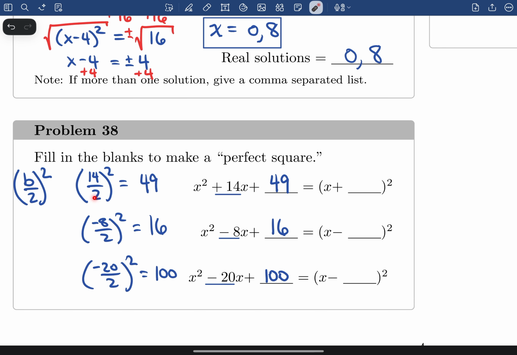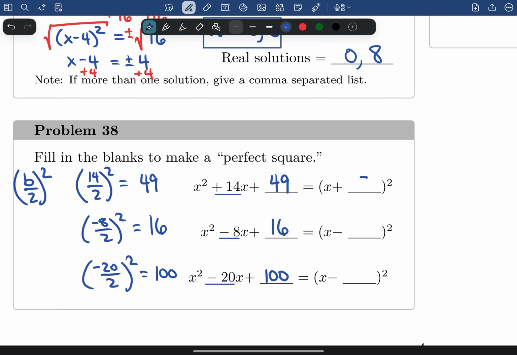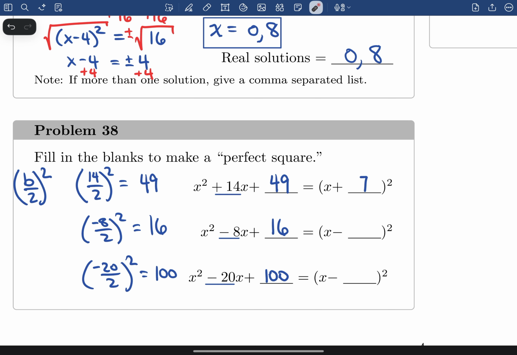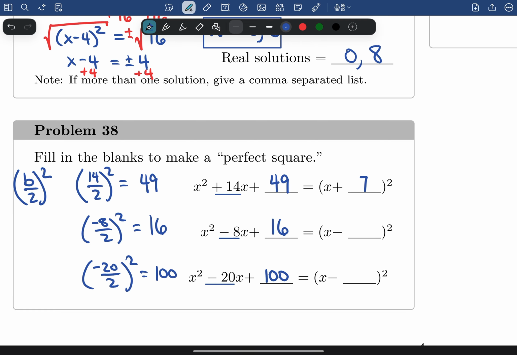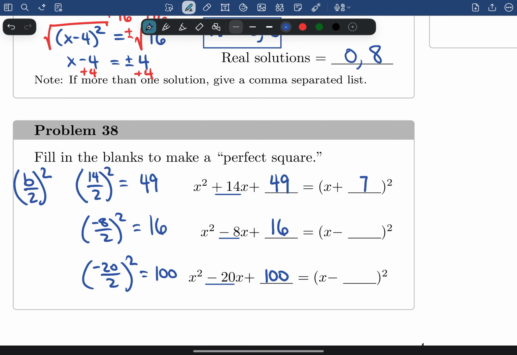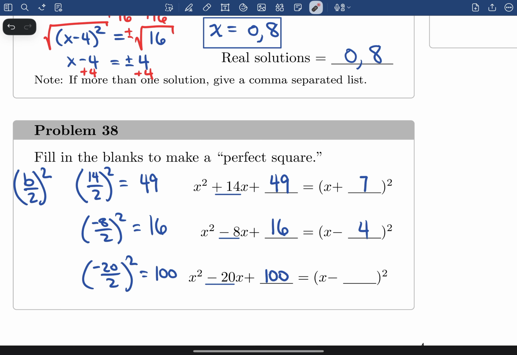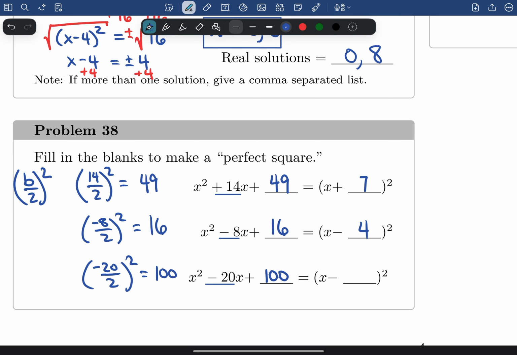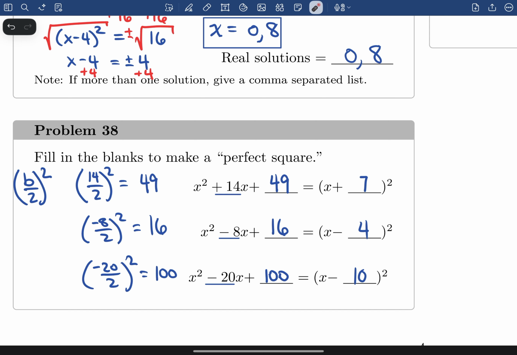So 14 divided by 2 is 7. Negative 8 divided by 2 is negative 4. I already have the minus sign right here, the minus sign of the negative, so all you have to do is put 4. And then b divided by 2, in this case, negative 20 divided by 2 is negative 10. So that's why we're putting a minus 10.